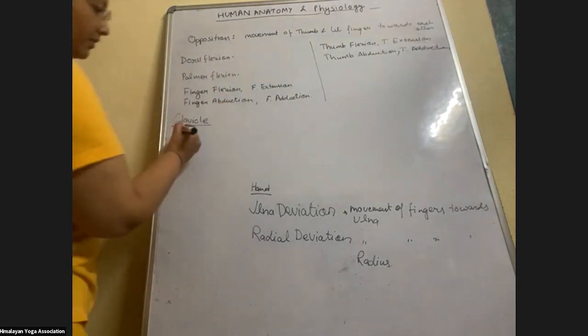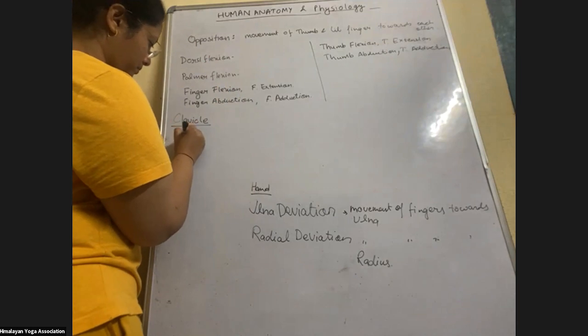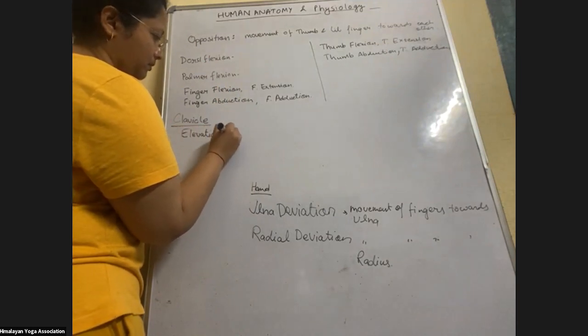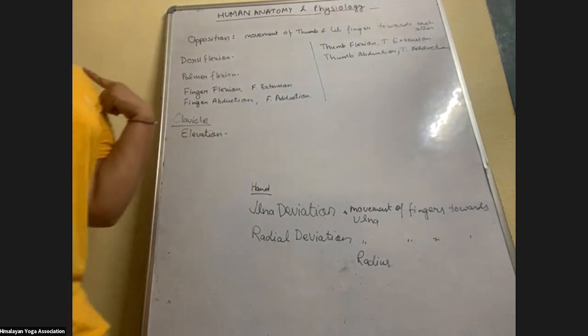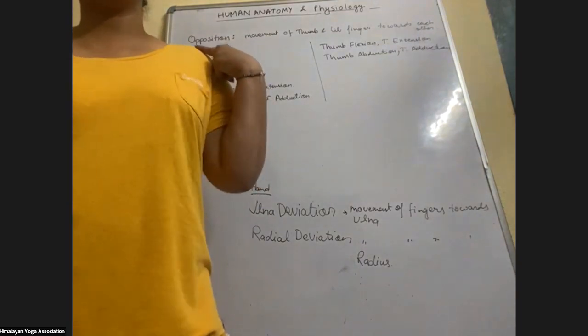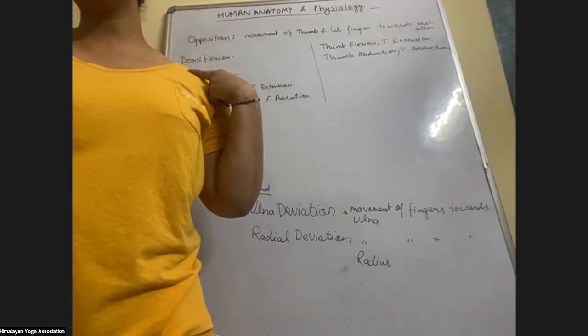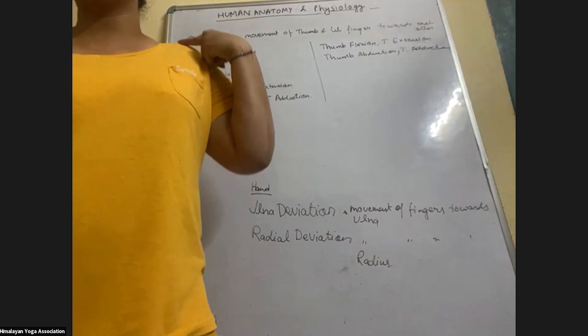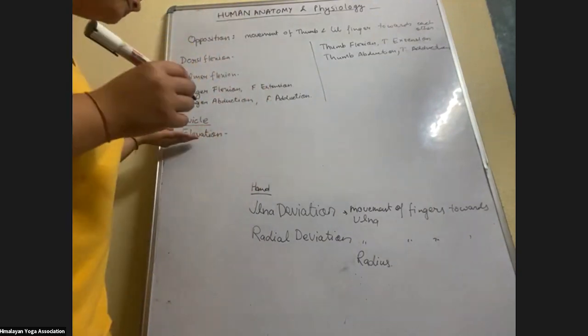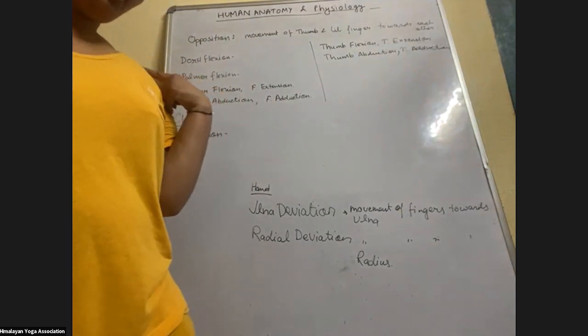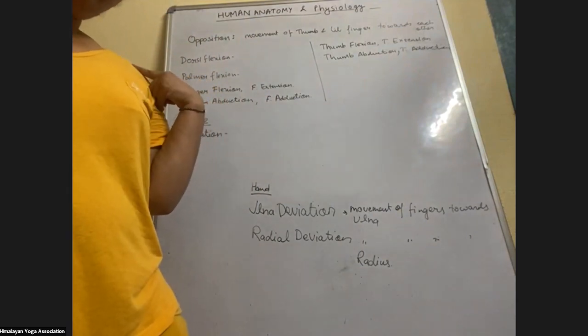Okay. So in this, we have elevation. What is elevation? When we are moving the shoulder upwards, that is, the distal end of the clavicle bone is moving upward, it is elevation, as the name suggests.